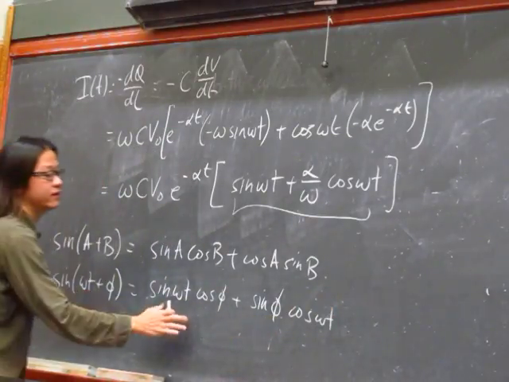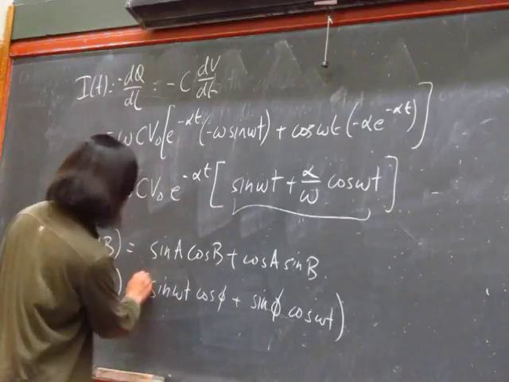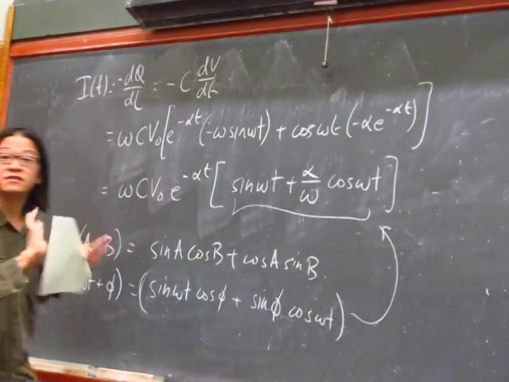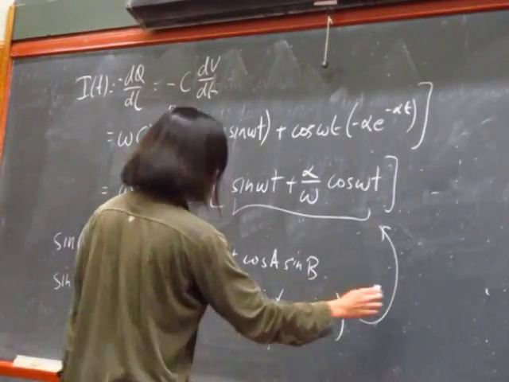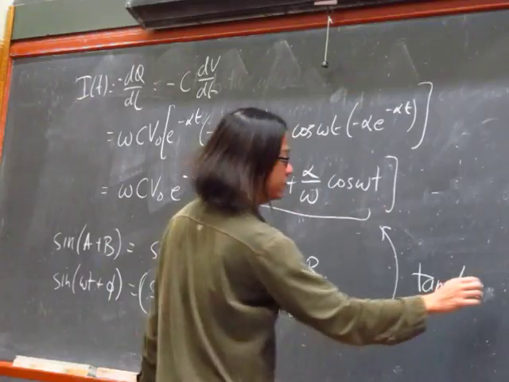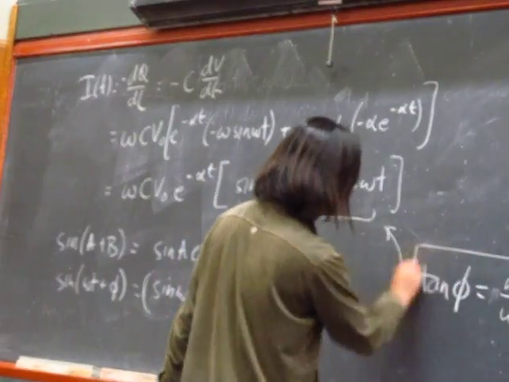Comparing this and that, with some constant that I'm dropping, you'll find that tangent phi is equal to alpha over omega.